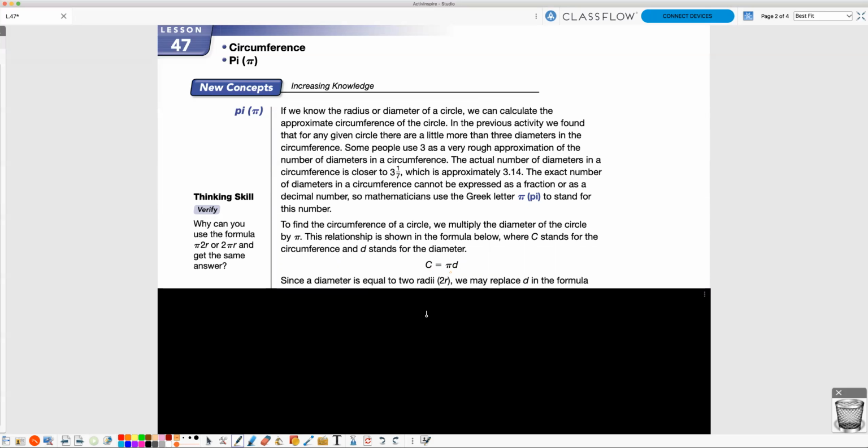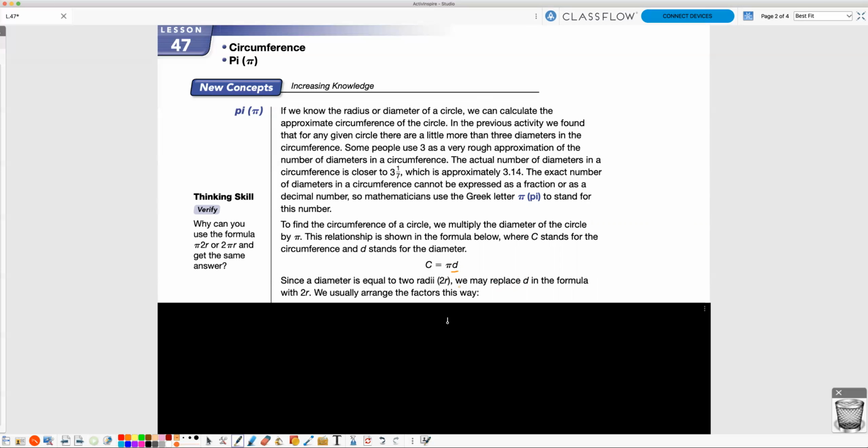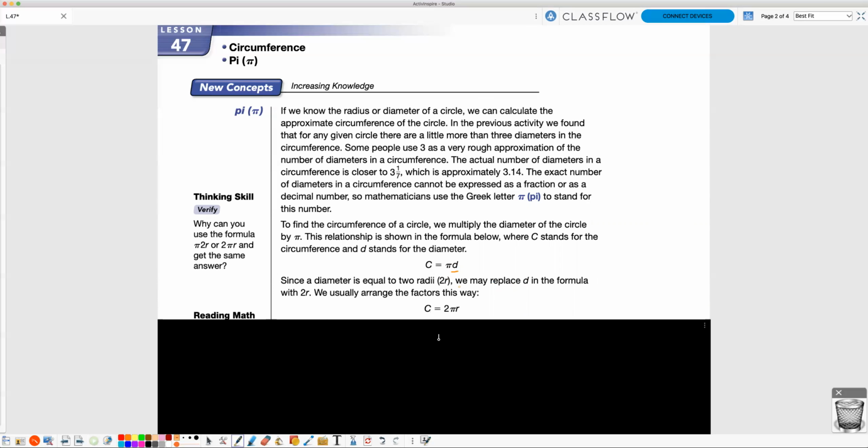Since the diameter is equal to 2 radii, or 2r, we can replace this D for diameter with 2r. We usually arrange the factors this way. So circumference equals 2 pi r. So this also is the same. Circumference can equal 1 diameter, or it can equal 2 radii multiplied by pi.